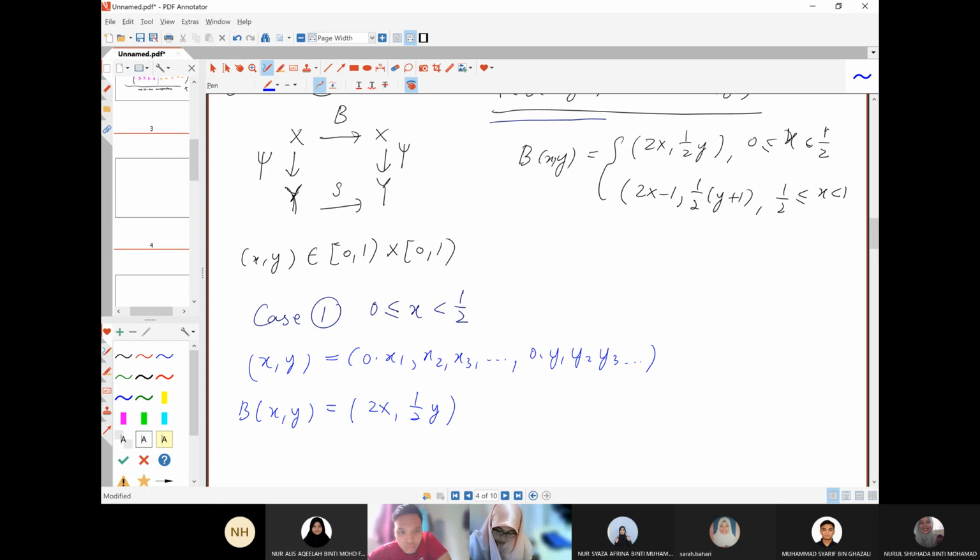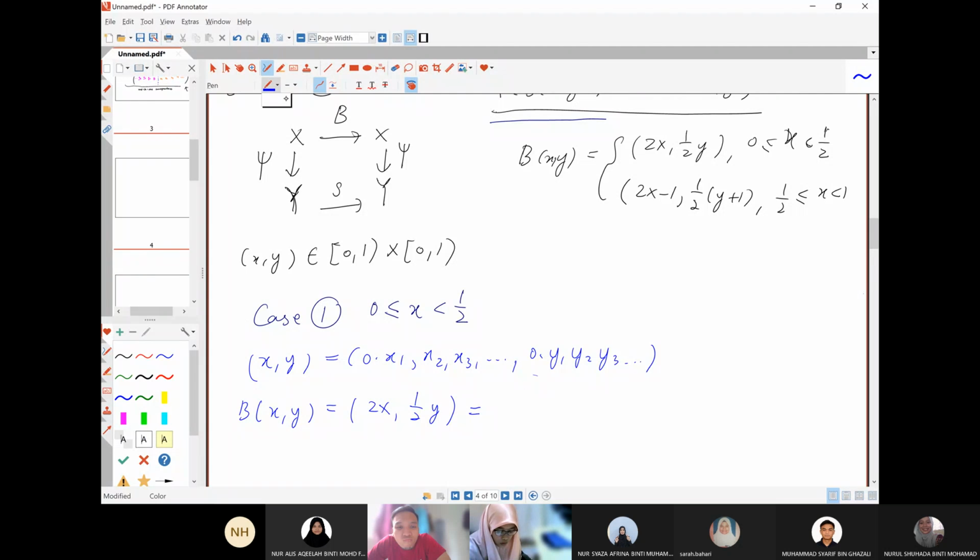Okay, you apply this for x here. Kita apply 2 dekat x, kita apply half dekat y. Macam mana nak apply tu jadi apa? So kalau 2x, you can write it as, the case dia macam ni.